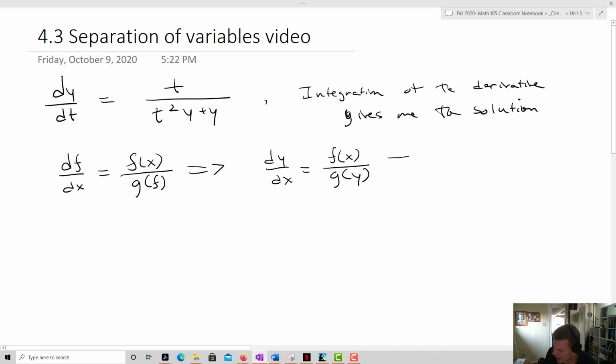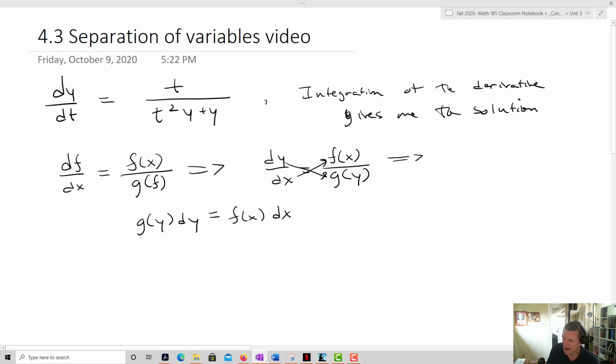What I'm going to do with that is say, okay, if I can just move over the y's, then I get g of y dy, and I'll move over my x's by basically cross multiplying. I get f of x dx. This isn't exactly what's happening, but it's the idea that we use for separation of variables.